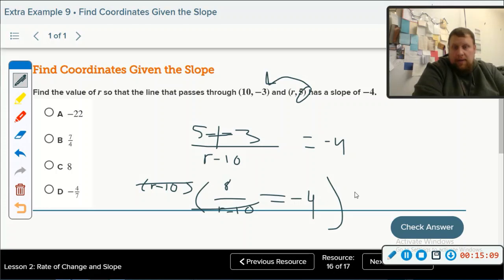And then I got to multiply this whole side by r minus 10. So we're going to distribute. And I'm going to have 8 equals negative 4r plus 40. Let's subtract 40 from each side.